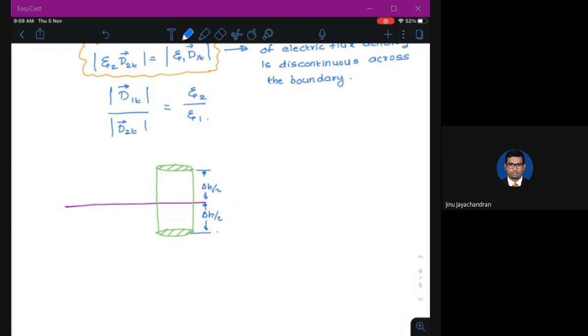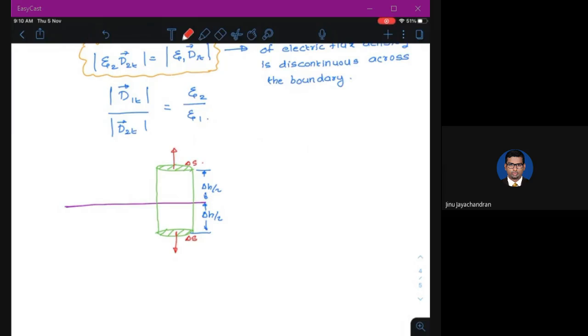The surface area of the circular part, let's assume it is delta S. So this is also delta S, this is also delta S. We have already told that the direction of the surface is perpendicular to the surface and away from the surface.